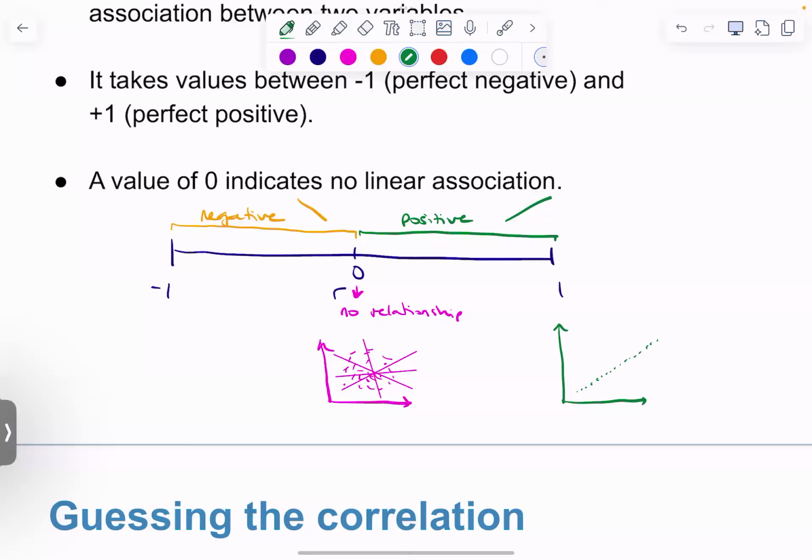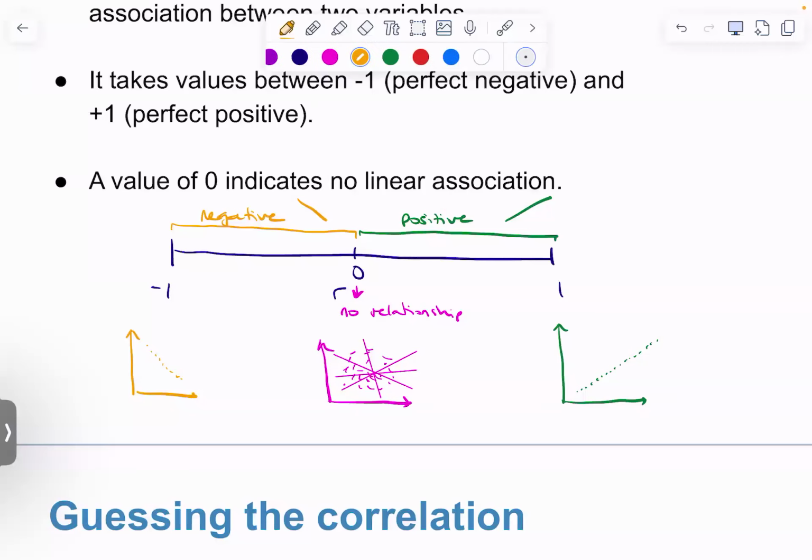All your points are exactly on the line, a positive line. And if you have a correlation of -1, then you have a perfectly negative relationship. All these points are on the same line, but a negative line.